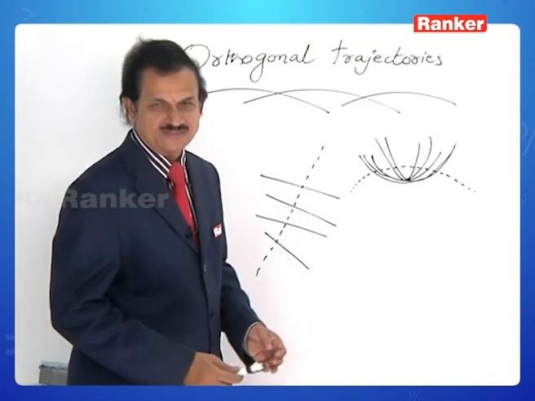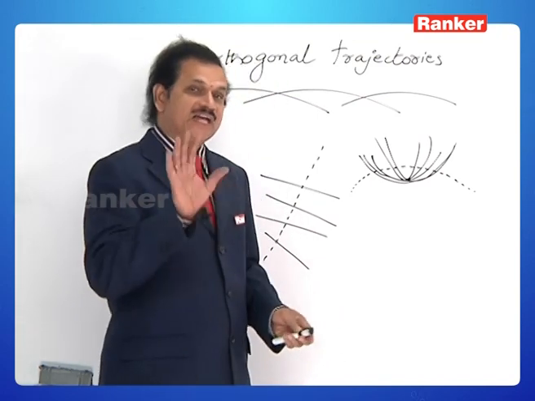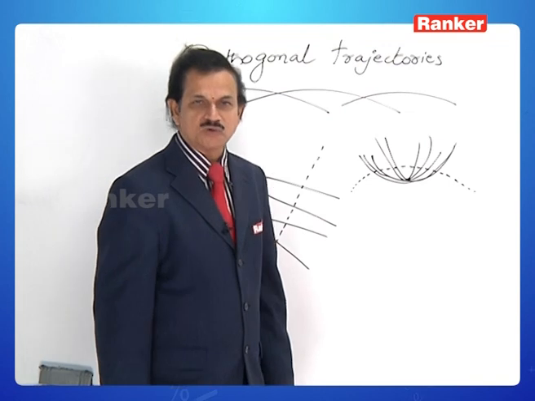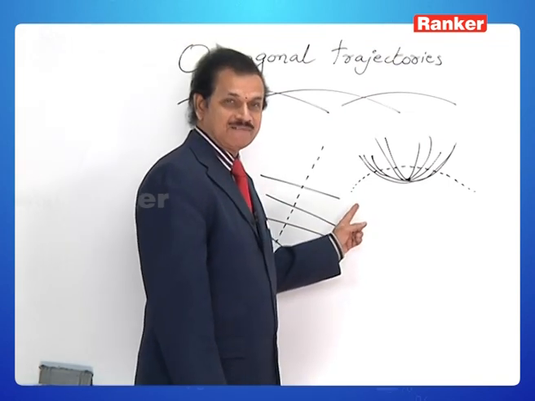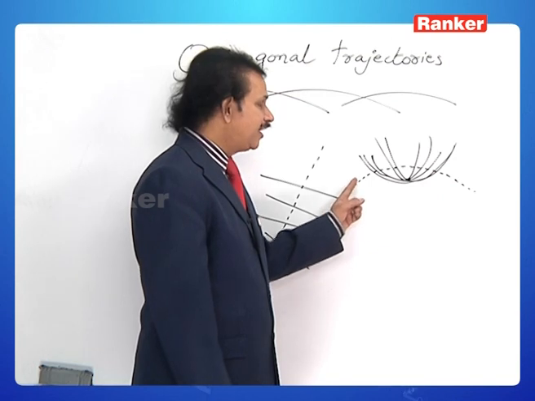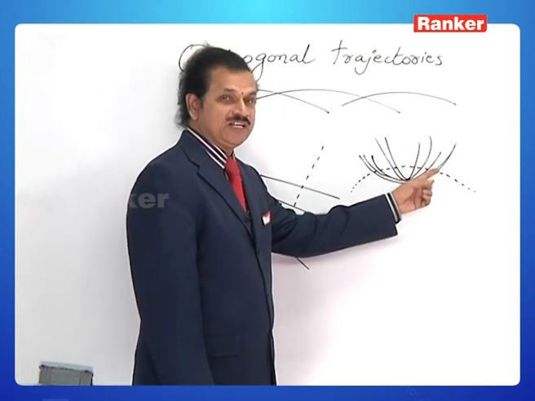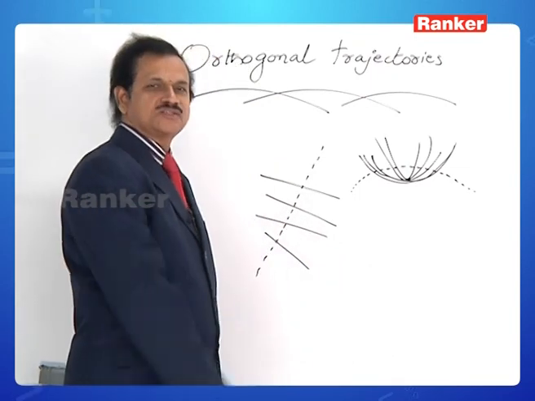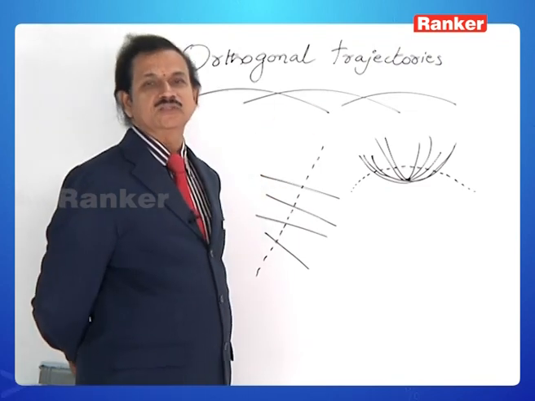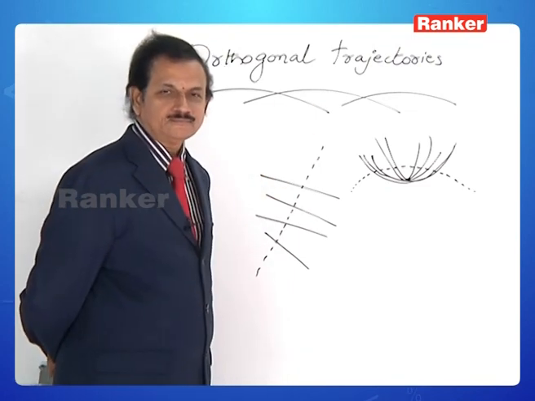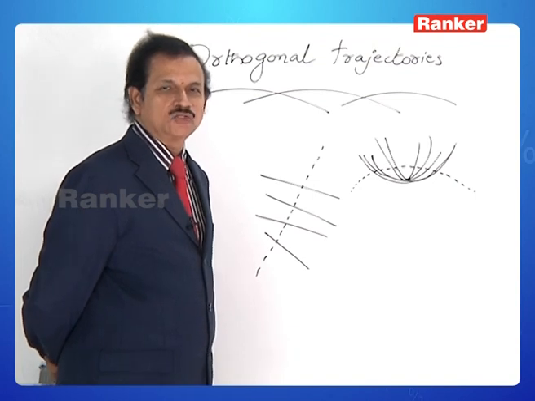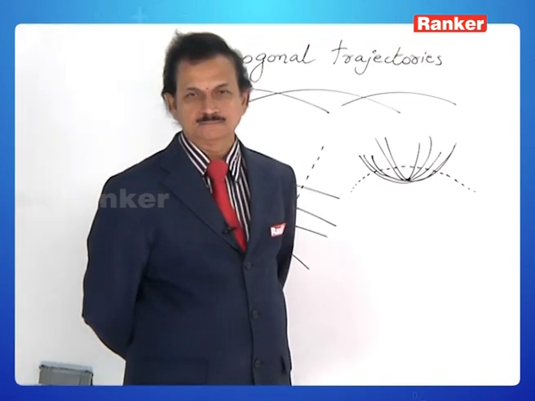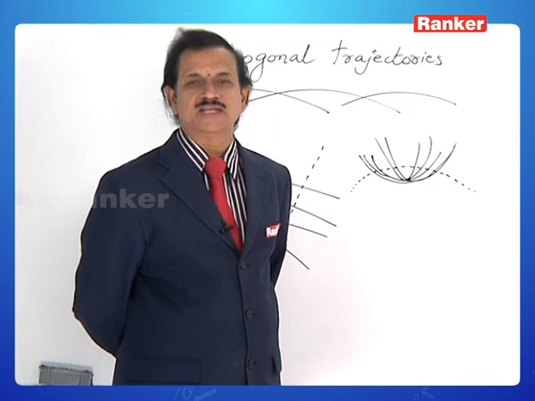And if that particular fixed condition is nothing but orthogonality, that is what I mean to say, if this curve cuts each and every member of the given family of curves orthogonally, then such a trajectory is called an orthogonal trajectory of the given family of curves.